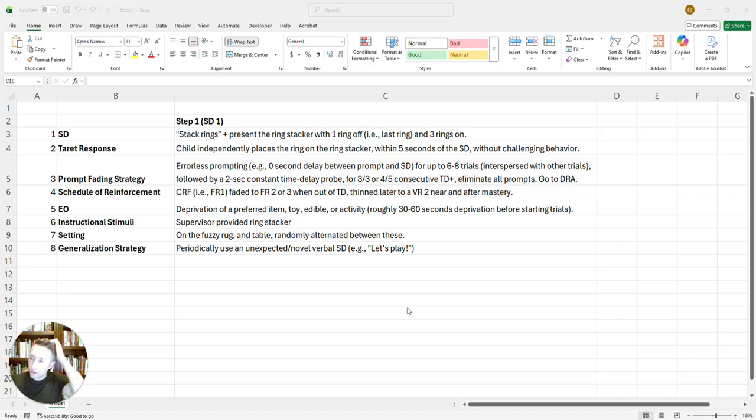Okay, so EO is intervention component number 5, that is deprivation of a preferred item, toy, edible, or activity, roughly 30 to 60 seconds of deprivation before starting trials. Instructional stimuli are specifically a supervisor-provided ring stacker. What I didn't mention in the last video is that it is probably helpful if the child does not have any contact with the ring stacker outside of this target, until they master it.